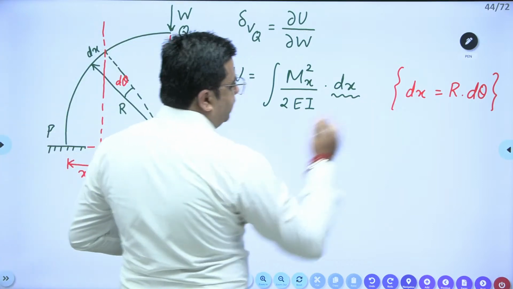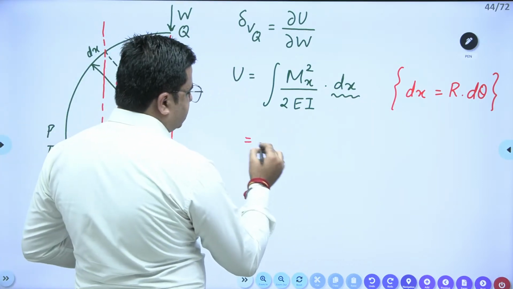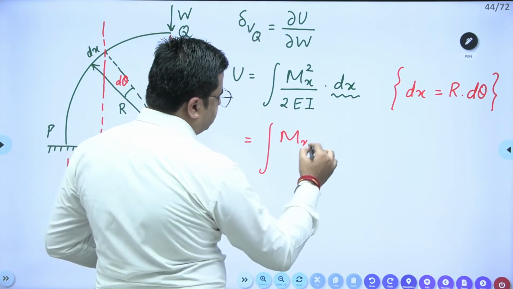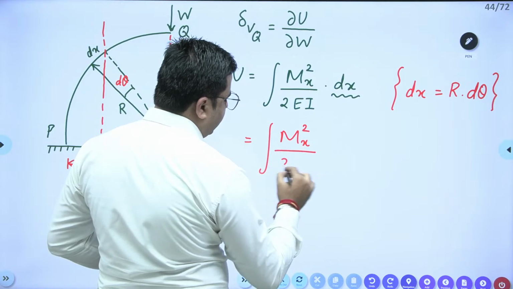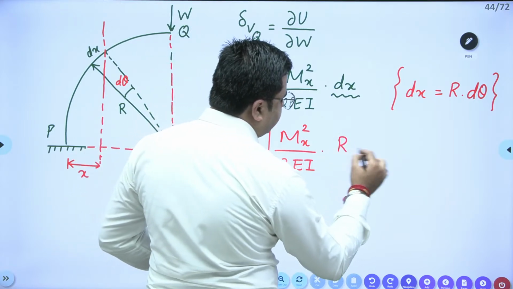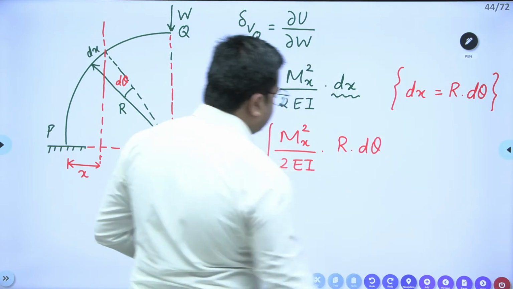So just substitute the value of dx. So we have integration of Mx square upon 2EI into r into d theta, right?